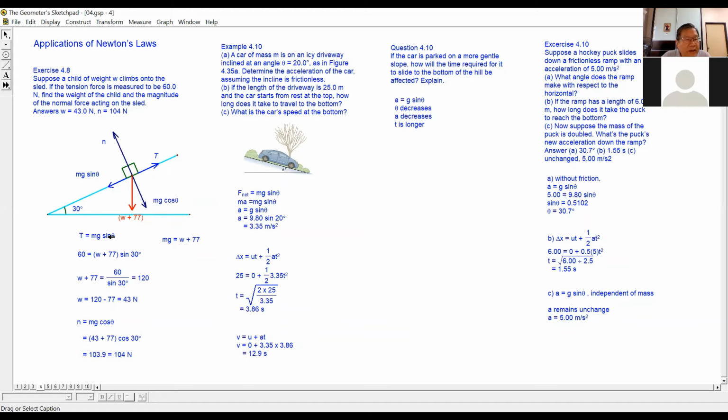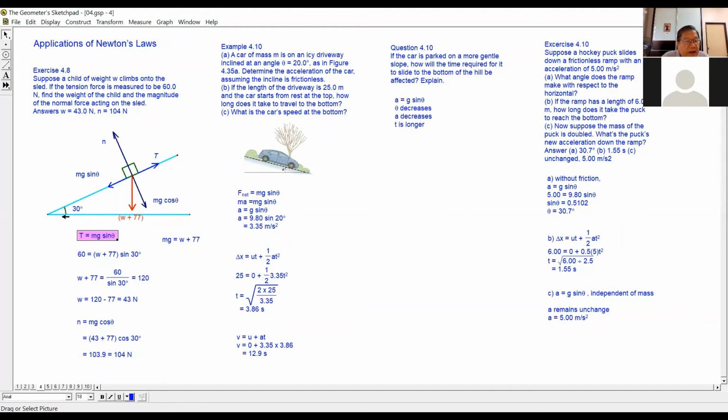So we look at this equation here. This equation tells us that the tension which is pulling them upwards is equal to the component of the weight, mg sine theta. So these two balance one another. So I say tension equals mg sine theta.